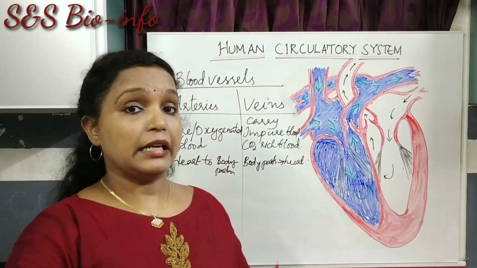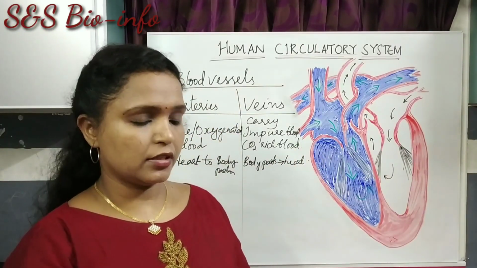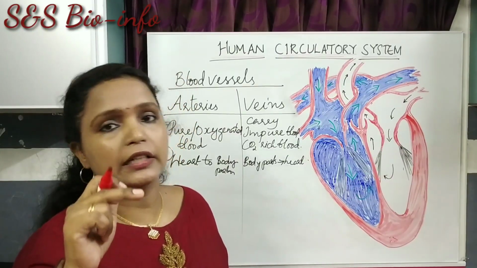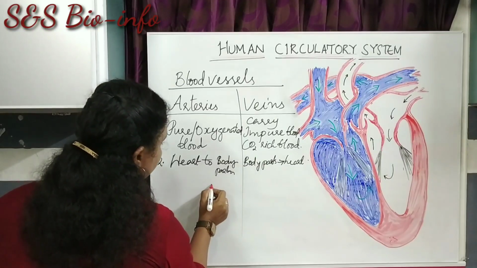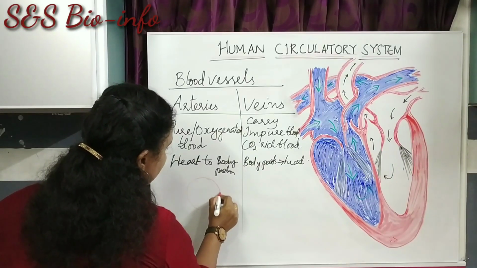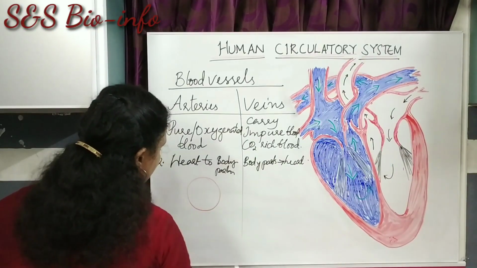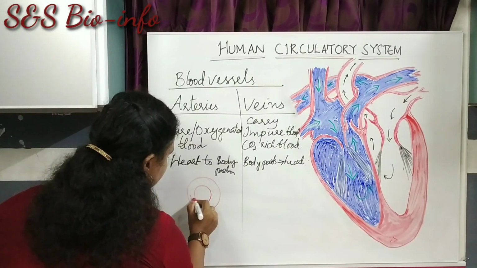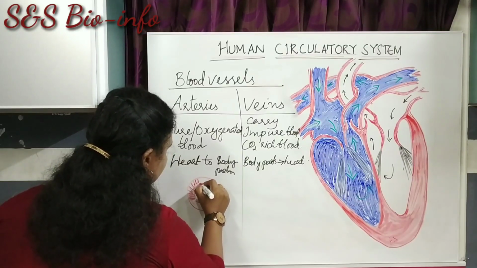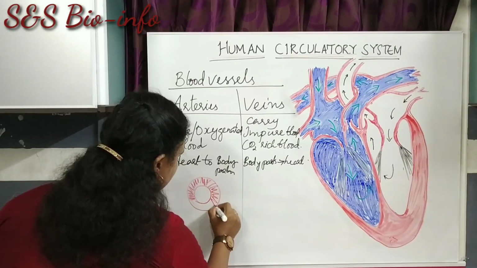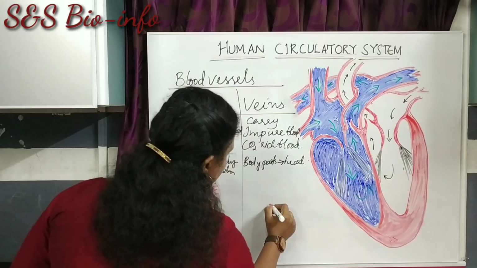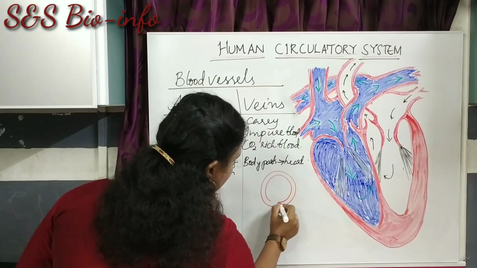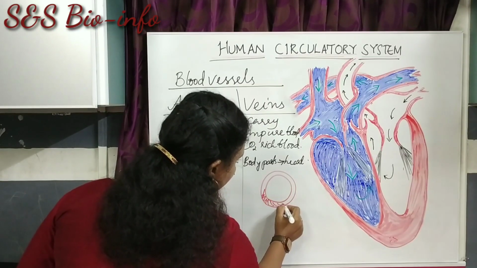The next difference, anatomical difference, internal difference. So for studying that, I just draw the diagram of the cross section of artery and vein. So cross section of artery, then cross section of vein.